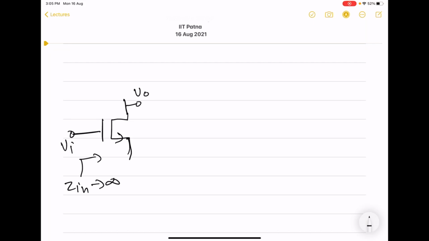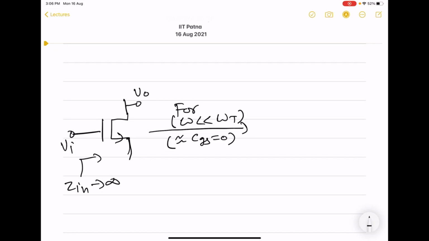and that scenario arises for omega much less than omega t. So we have seen that this scenario corresponds to equivalently saying that CGS is equal to 0, and in that case Z in is going to be infinite.